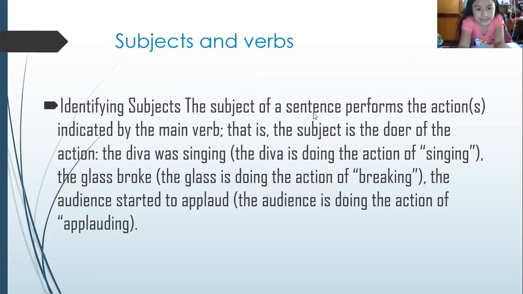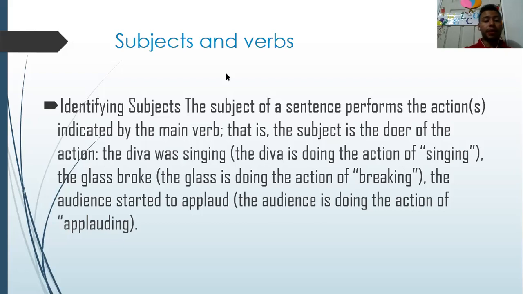The diva was singing. The diva is doing the action of singing. The glass broke. The glass is doing the action of breaking. The audience starts to applaud. The audience is doing the action of applauding. Excellent. So good.